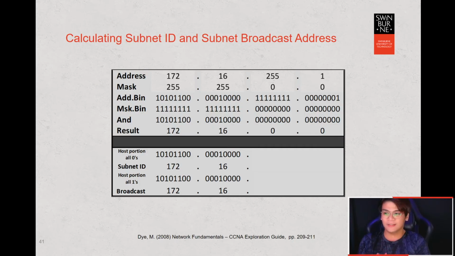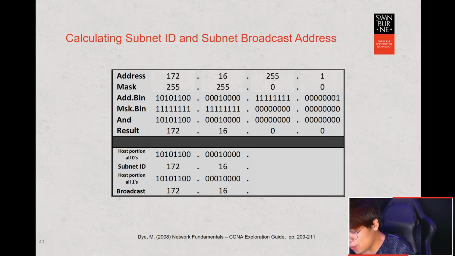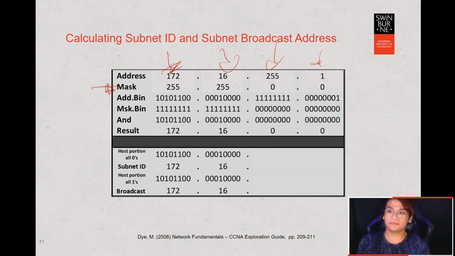Okay. All right. Now back to the calculating of IP addresses. Remember when we did the ANDing method last week? All right. Now we have an IP address of 172.16.255.1, and then the subnet mask of 255.255.0.0.